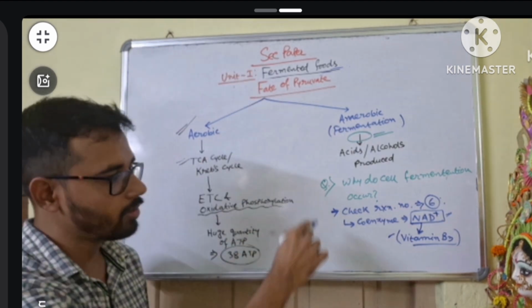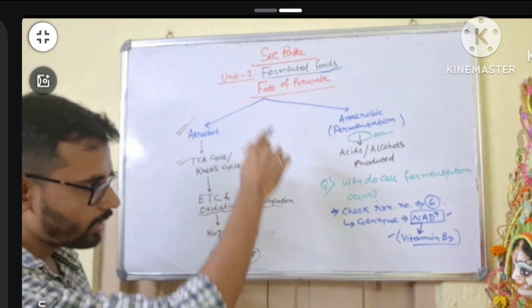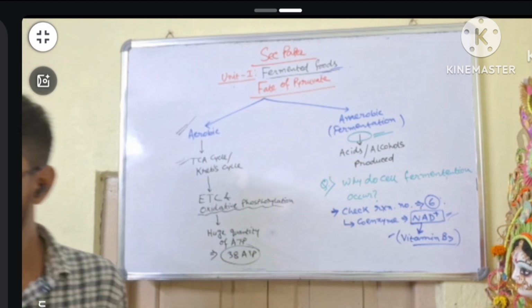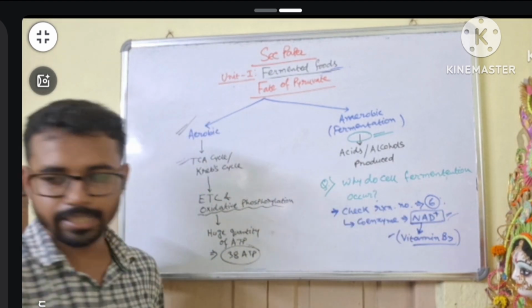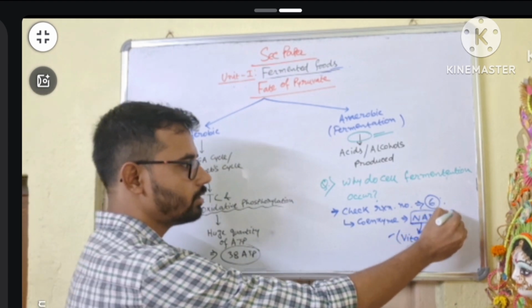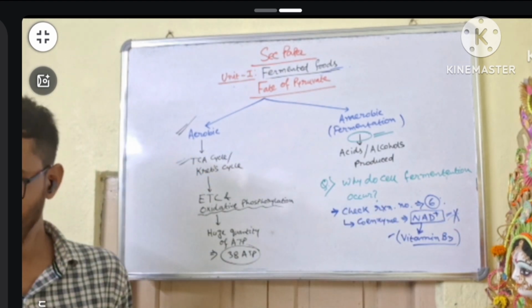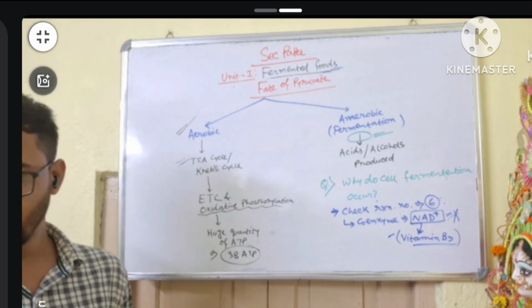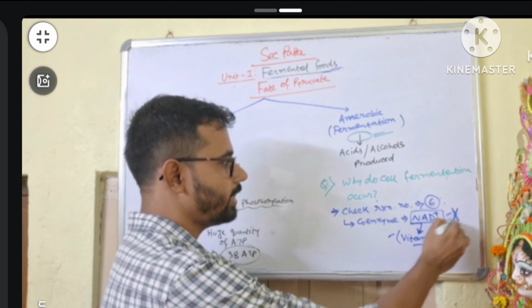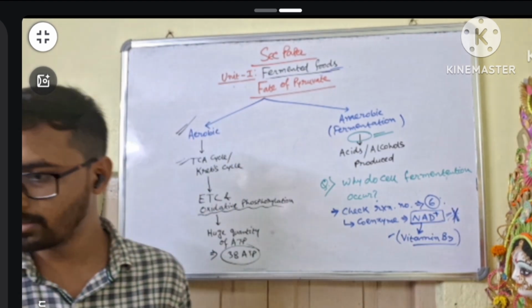In every glycolysis reaction, that means for every glucose, NAD plus is required. If you do not regenerate the NAD plus, ultimately what happens? NAD plus concentration will be less, and NAD plus concentration less means no glycolysis.